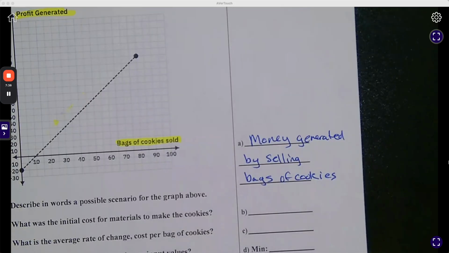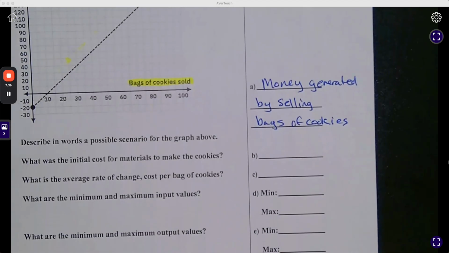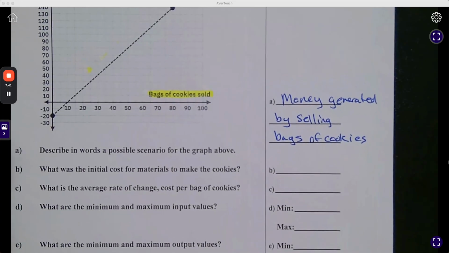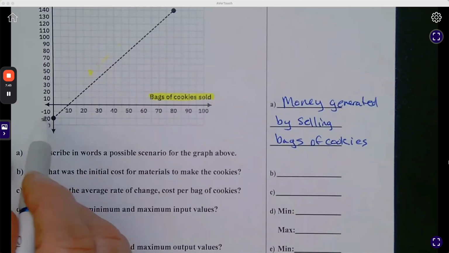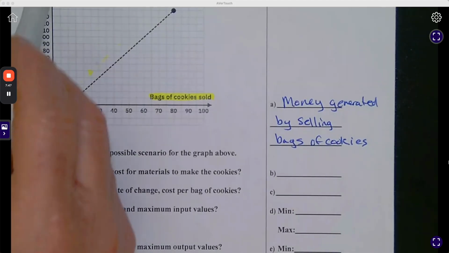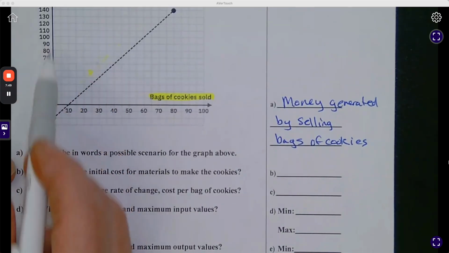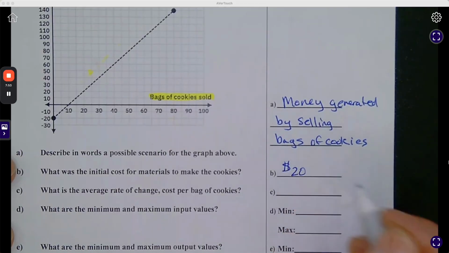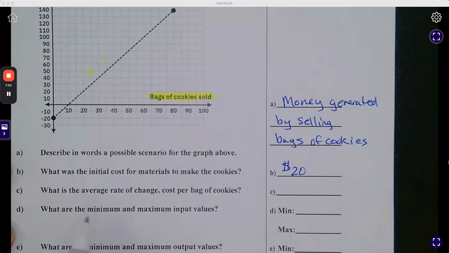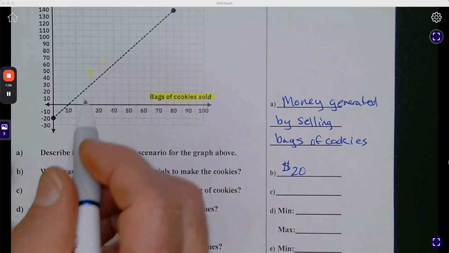Okay, so now it says, what is the initial cost for materials to make the cookies? Well, notice right here, I sold 0 cookies, and it's -20. Well, -20 represents profit or money. So it must have taken $20 to make the cookies. What is the average rate of change? Okay, now I got to look for those lattice points, right?